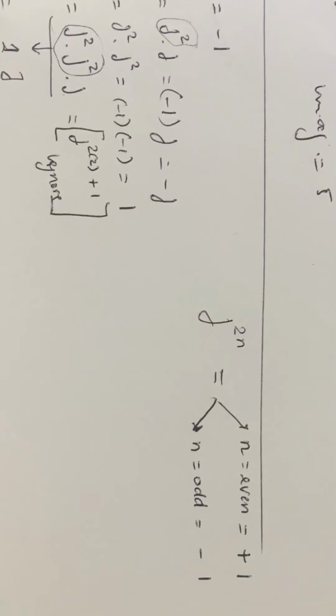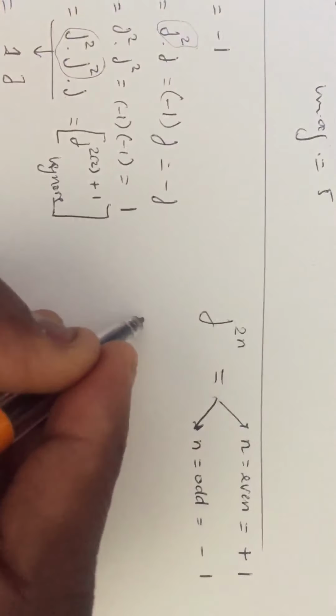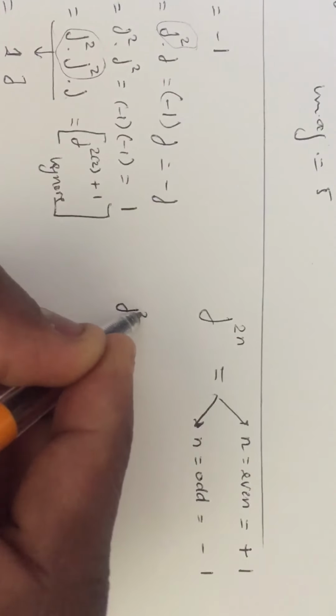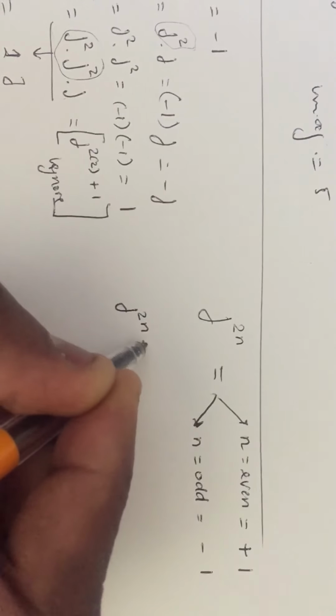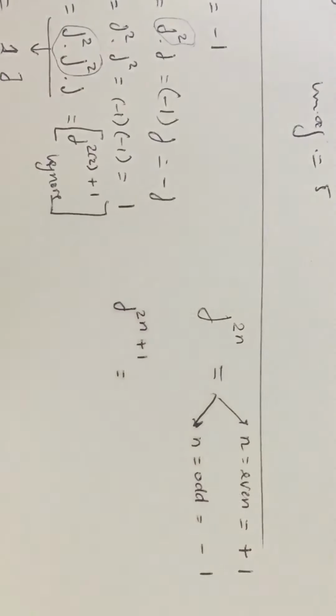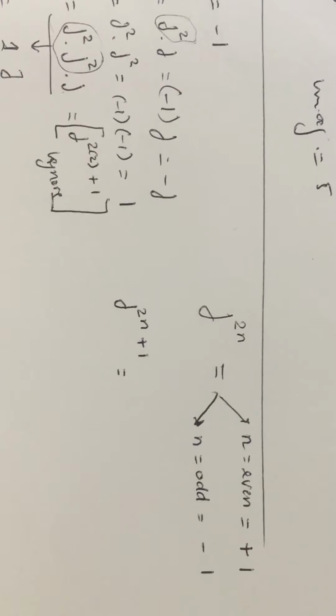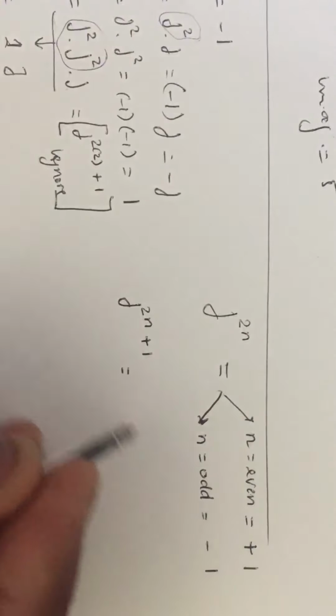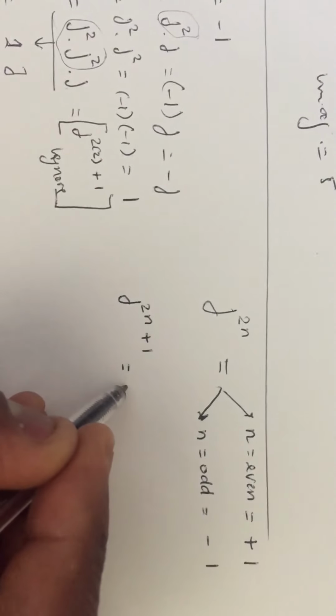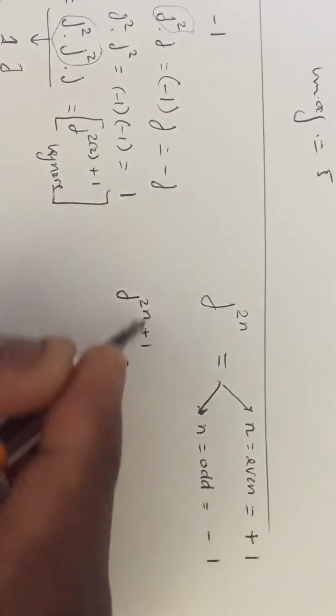All right, now the general formula is like this. If I have j to the power 2n plus 1, it's a combination of this.